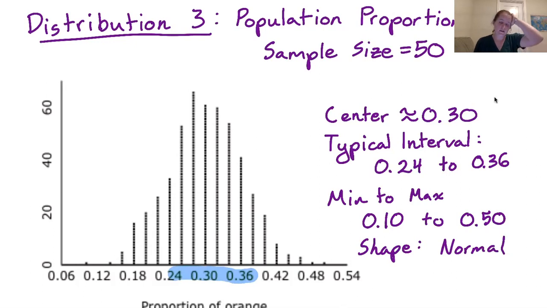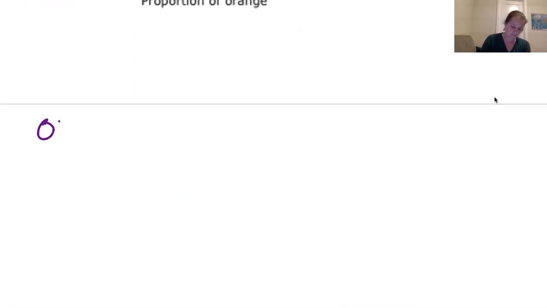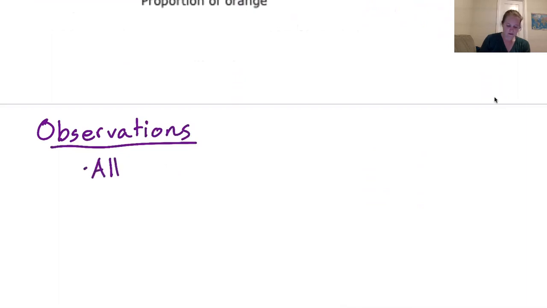So in all of these situations, it looks like our shape is more or less normal. The center in every case seemed to be just about exactly the same as the population proportion. And then our typical interval got narrower when we boosted up the sample size. So just some observations. All three shapes were more or less normal.